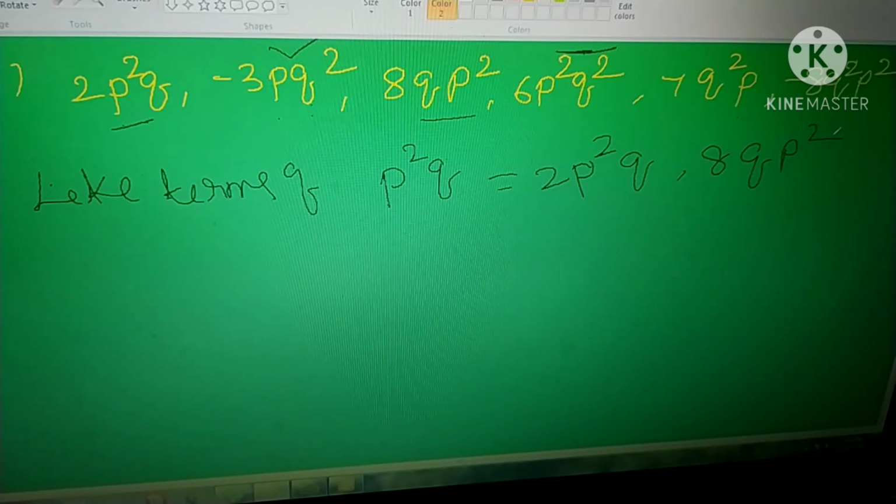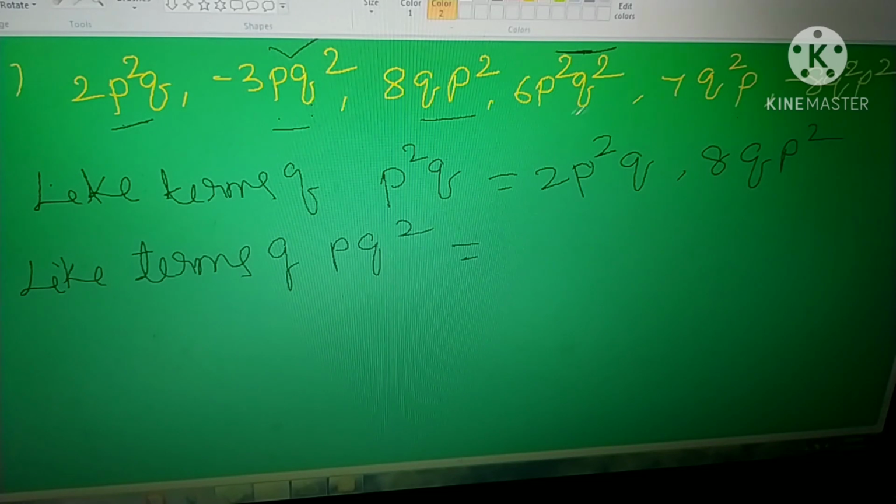Okay. Now like terms of next variable is p q square here. See, observe this one, second one. Write on that one. Like terms of p q square. Leaving p, writing square for q. So those terms find out here, minus 3p q square.